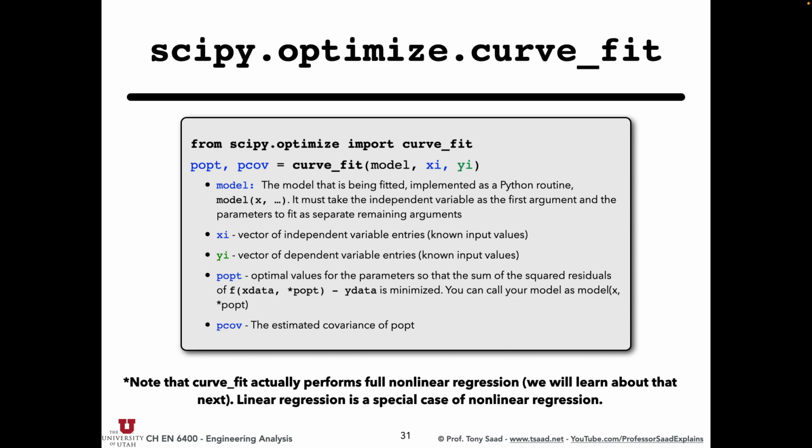So popt, these are the optimized parameters of this model. Okay, and pcov, don't worry about this. This is a covariance matrix. We're not going to care about this. All we're interested in is this popt. So if your model has two parameters, popt is going to be those two parameters that are optimized to fit your model to Xi and Yi.